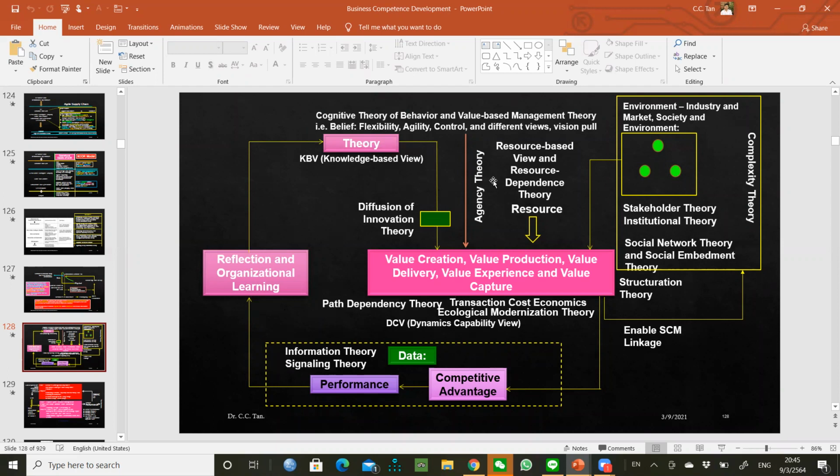And not only the theory, but you also need rules and regulation and vision and mission, so that you can use your theory in an organized way. So that's the stakeholders, institutional, social network theory, social embedment theory, structuration theory, the institutional rules and regulation, vision and mission. Complexity theory also comes into the picture on top of your theories and innovation and resource space, right?